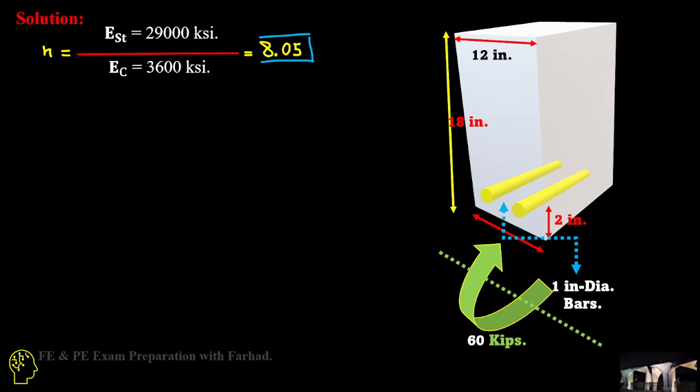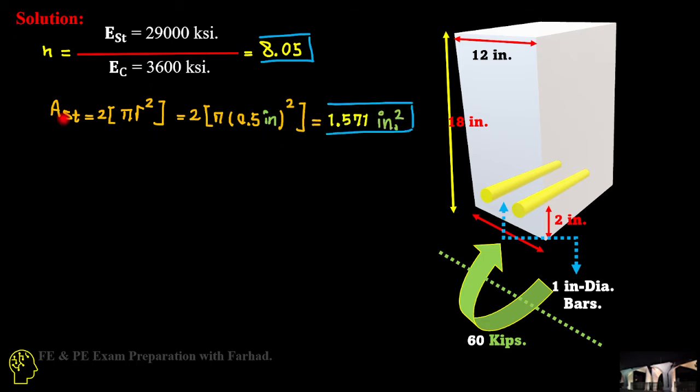That's the ratio of these two, and the area of steel is equal to 2 times pi r squared, and that's 2 times pi times the radius, which is 0.5 inch, squared. That's almost 1.57 square inches for the total area of steel.